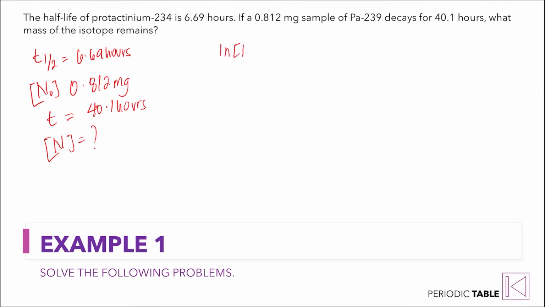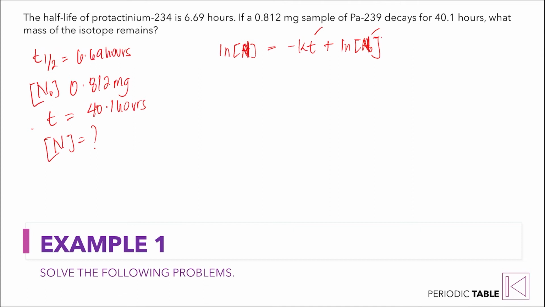So ang gagamitin natin is yung original equation natin, which is yung integrated form, ln N, it's not a, it's N. Okay, so binigyan tayo dito ng N0. Binigyan din tayo dito ng T. We have the T here.